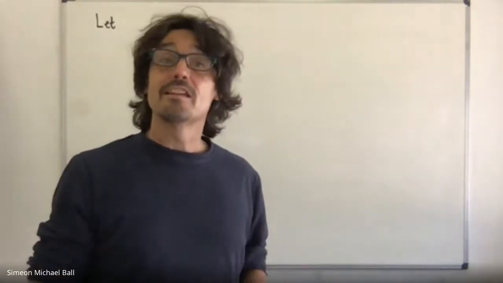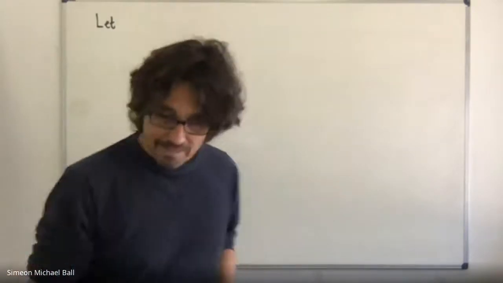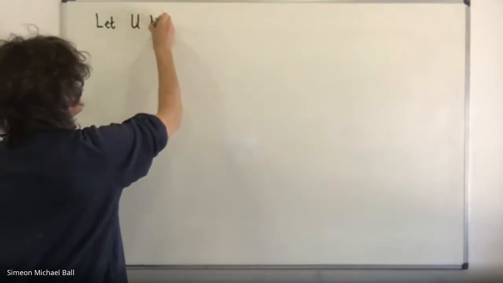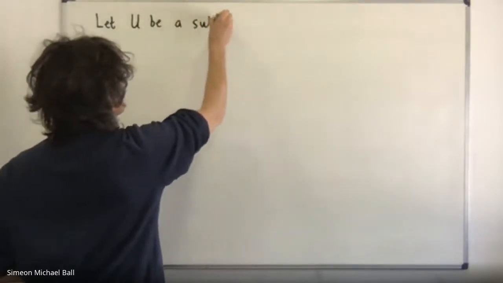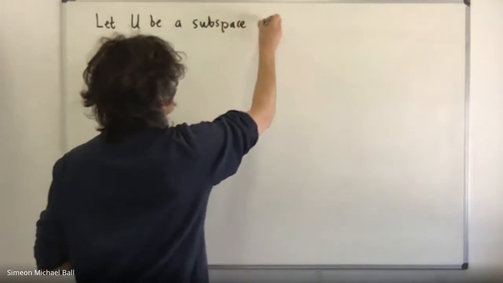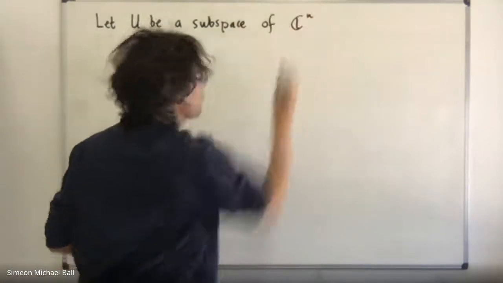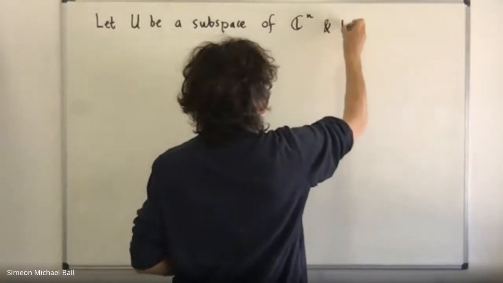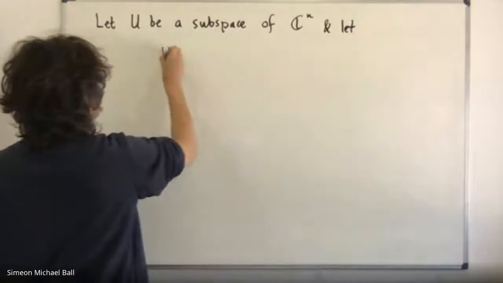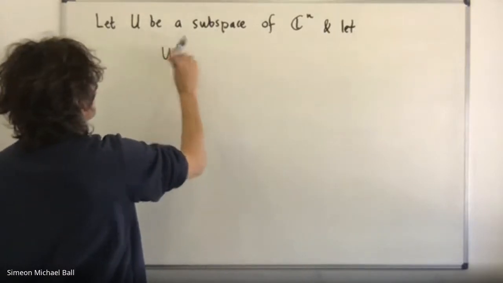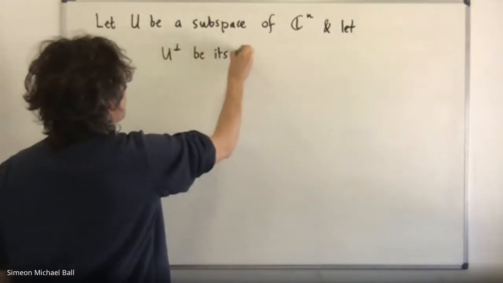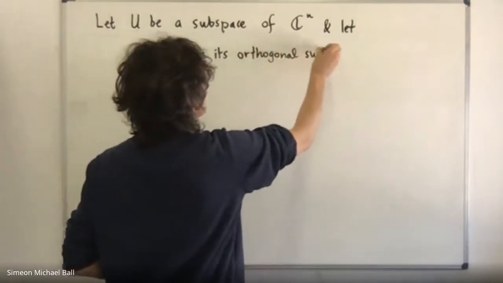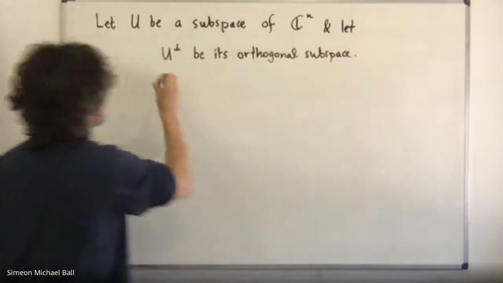They give you a matrix, and it's the following matrix. So let's just say U is some subspace. We're always in a complex vector space, so we might as well say C^n, and let U perp be its orthogonal subspace. So let's just define it.